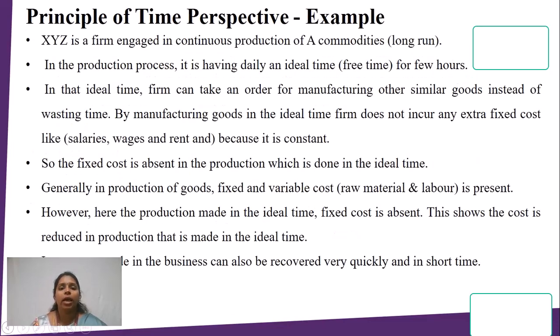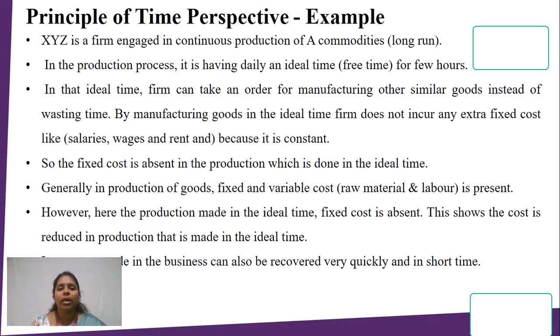Let us understand the principle of time perspective with an example. For example, XYZ is a firm engaged in continuous production of a commodity A in the long run. In the production process, it has daily idle time or free time of a few hours.